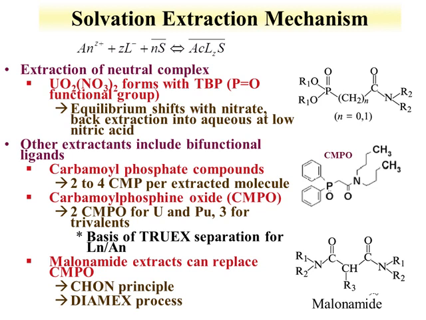A number of reaction mechanisms are involved in solvent extraction processes. The first one we'll discuss is solvation extraction mechanism, where we have a charged actinide, a charged ligand with some solvent forming a neutral actinide species coordinated with the solvent. Now within this reaction, the bar shown here represents the organic phase.